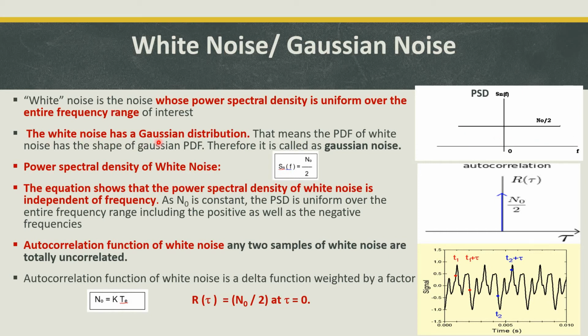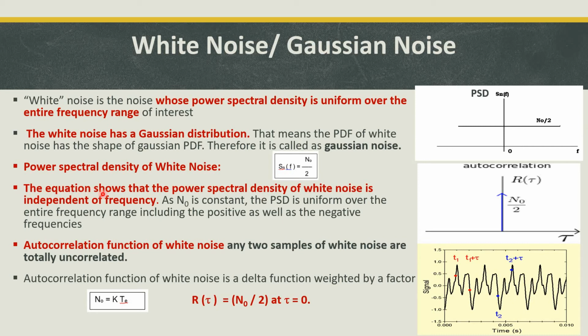The white noise has a Gaussian distribution. That means the power distribution function of white noise has the shape of the Gaussian power density function. Therefore it is called Gaussian noise. The power spectral density of the noise is Sn of f equal to N0 divided by 2, which is already represented in this diagram.